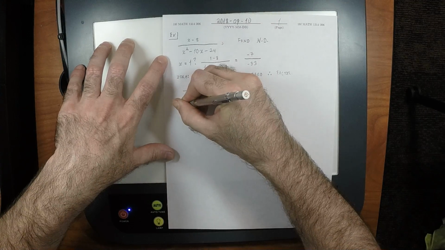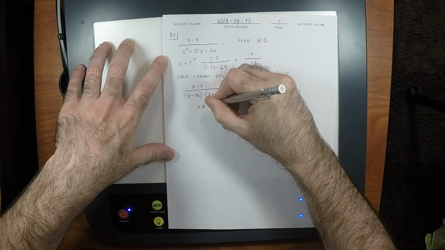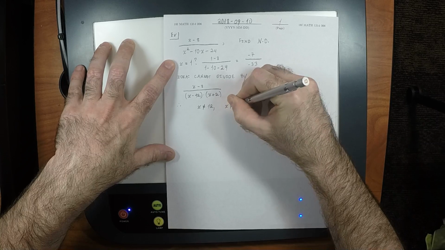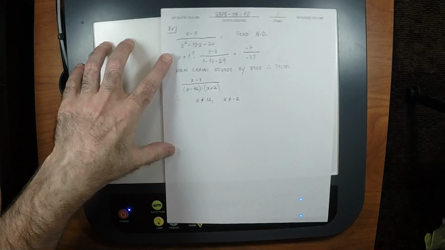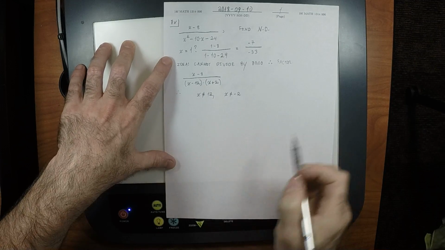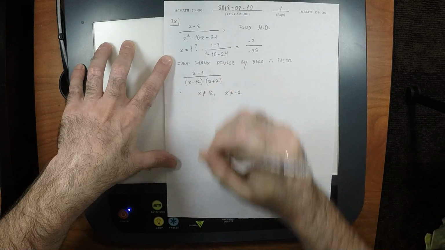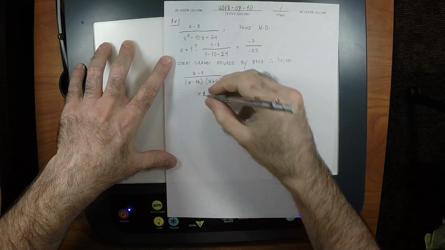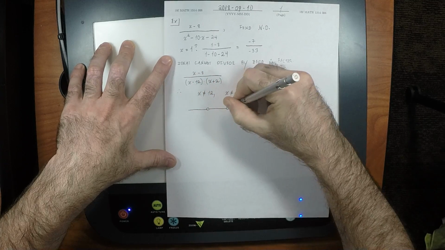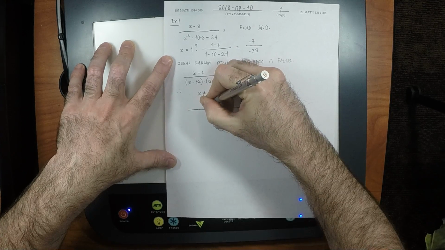So the natural domain is: x can't be 12, and x also can't be negative 2. If we wanted to draw this condition as a plot, how would we draw it?